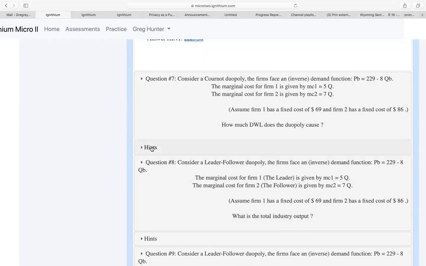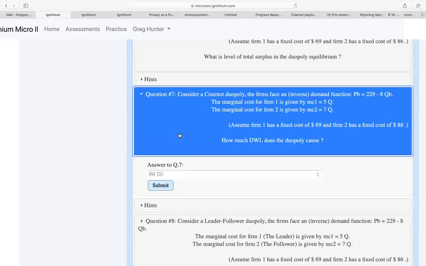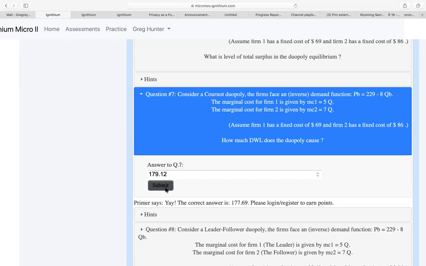Okay, well, that looks pretty close, right? What was the number that you got exactly? You said the deadweight loss was 179.12, just to give us some confidence that the rounding error is not going to kill us here, and it's not, right? So good job.